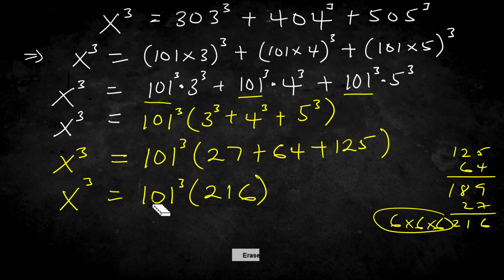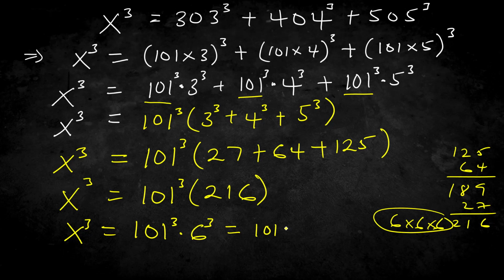So my x cubed will be 101 cubed times 6 cubed. So we can go ahead and take the power out. We have 101 times 6, all raised to 3.